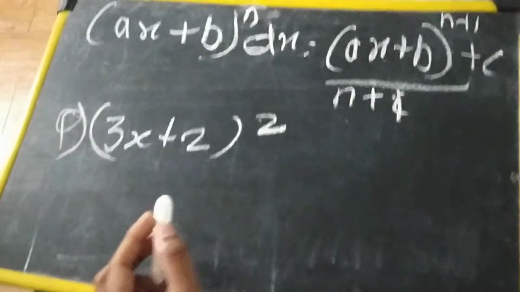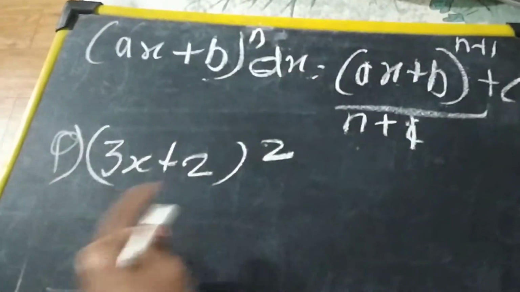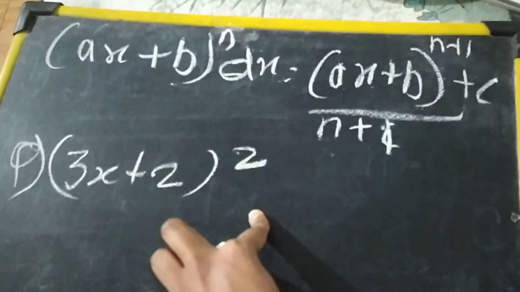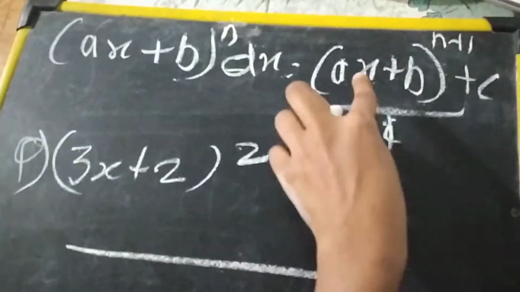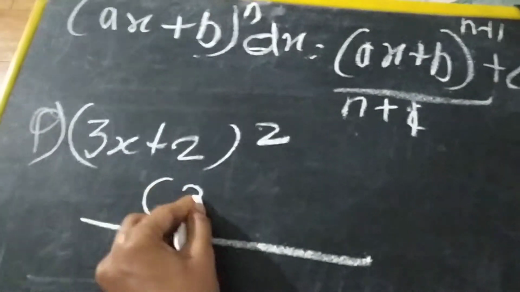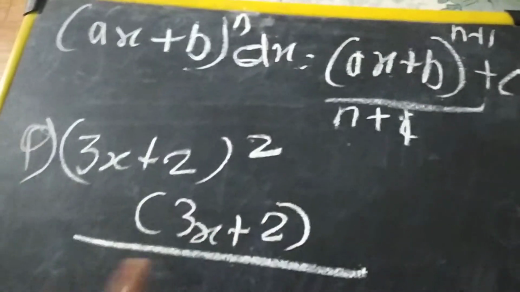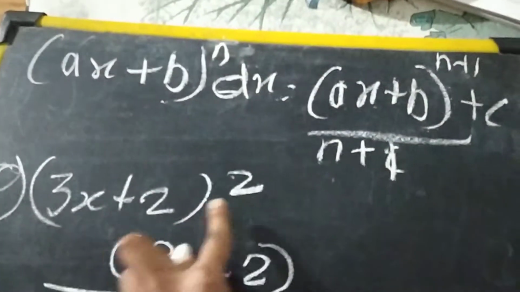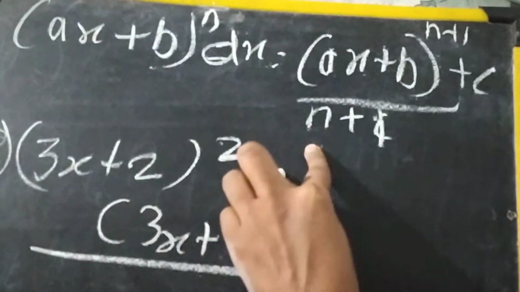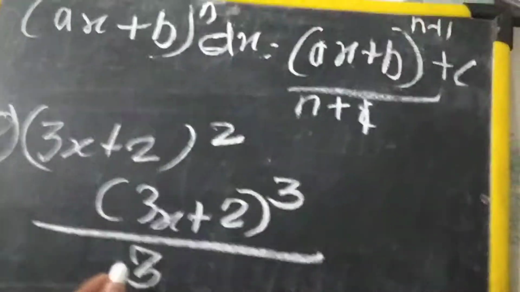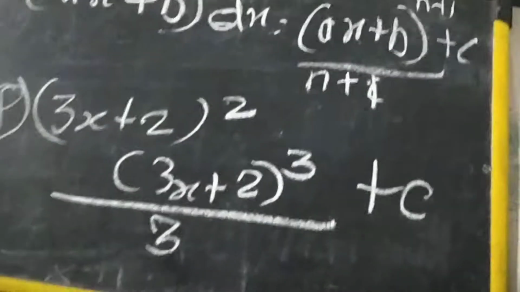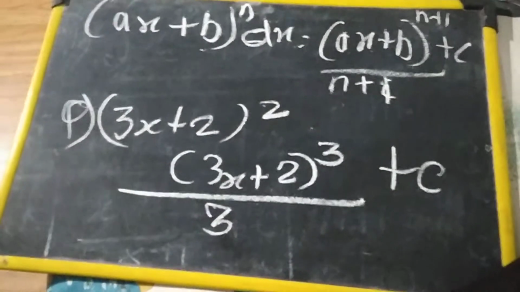Now how will you solve this? Same. Now n is 2, a is 3, b is 2. So write 3x plus 2 as it is, raised to n plus 1, so 2 plus 1 is 3. So 3, upon n plus 1, which is 3, and plus c as it is. Very easy. You got your answer.